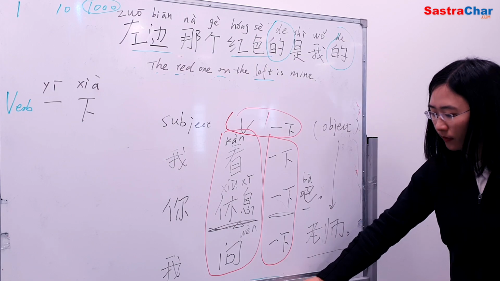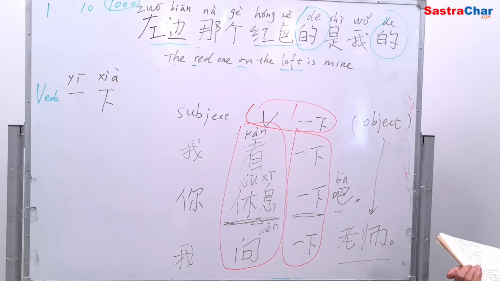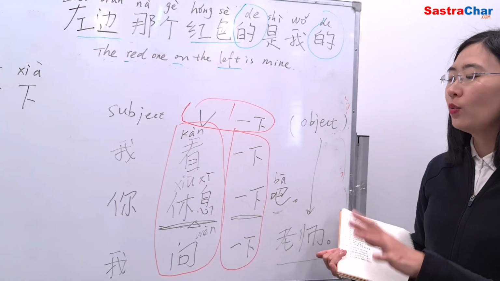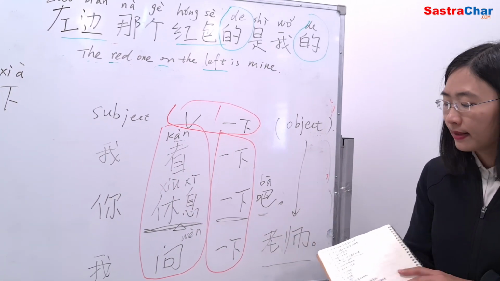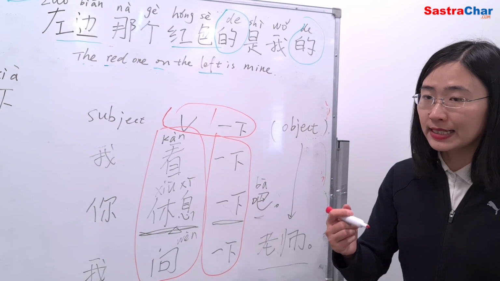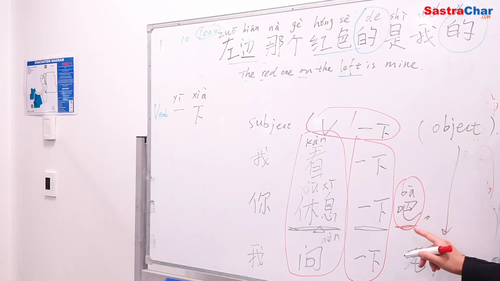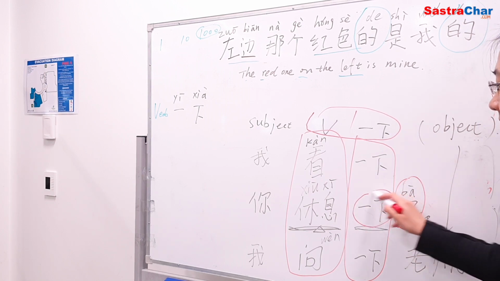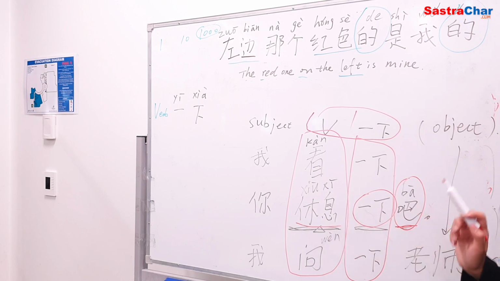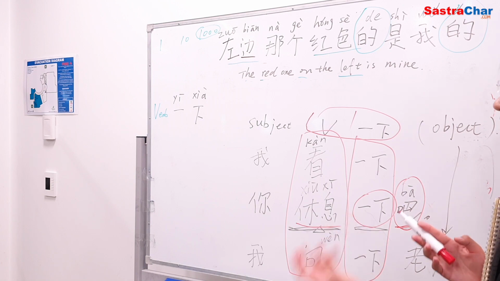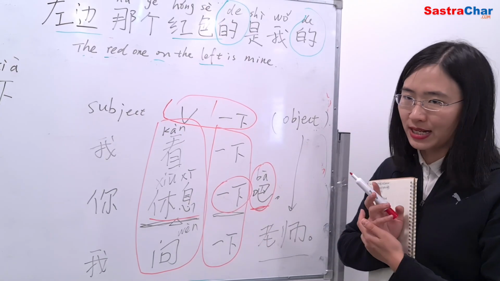So if you wanna suggest someone to do something and you want to say it politely, you can not only say the word 吧 at the end to indicate a suggestion, but also you can add 一下 after the verb, so that you are trying to persuade the other person to do something as an attempt, as a suggestion, right?